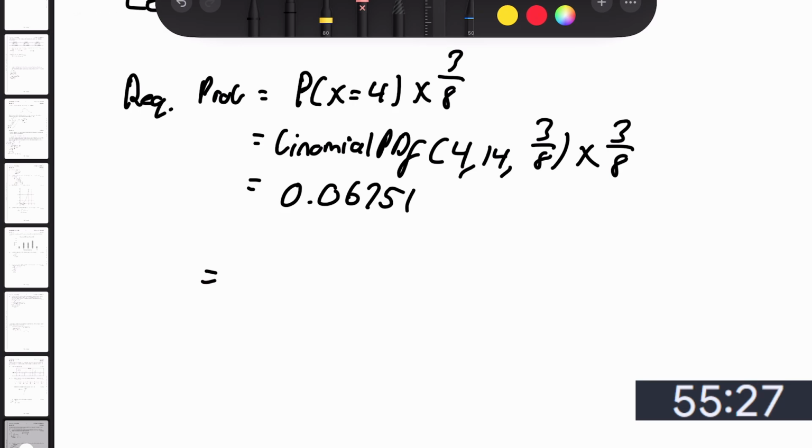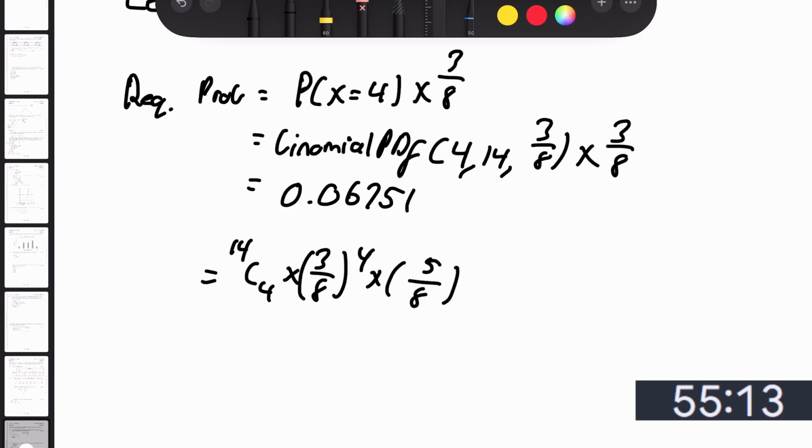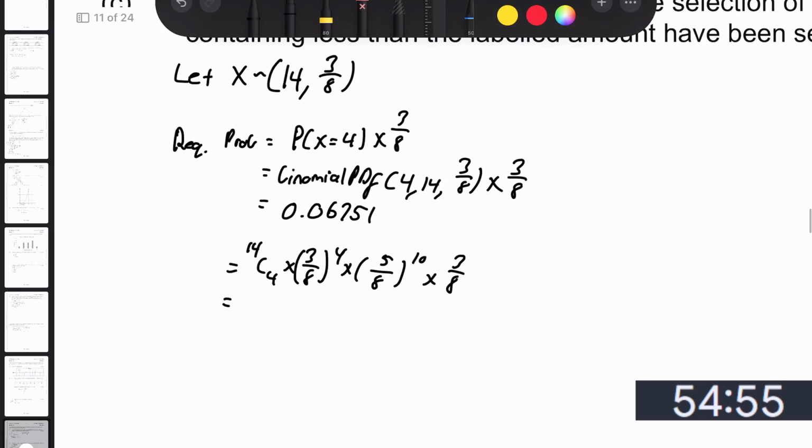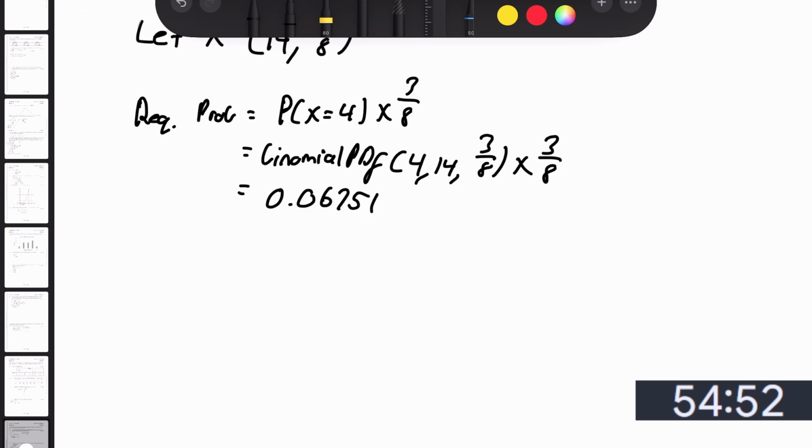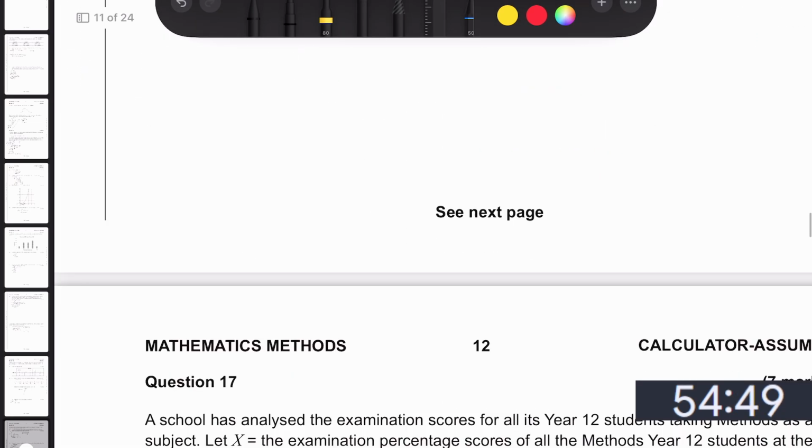This should be equal to 14 C 4 times 3 on 8 to the power 4 times 5 on 8 to the power 10 times 3 on 8. 3 divided by 8 to the power 4 times 5 divided by 8 to the power 10 times 3. Okay, it is the same. Excellent. Nice going. And that should be it.